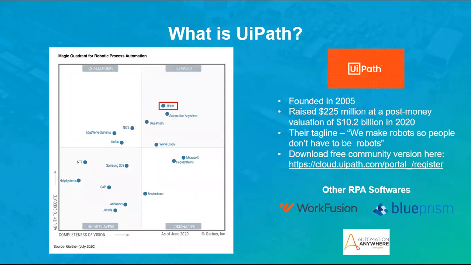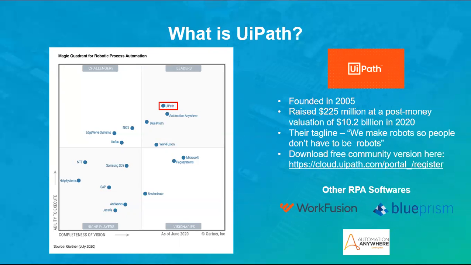And I think if you look into RPA, then you will also hear about UiPath. So UiPath is a company that was founded in 2005, and it's been doing very well. It just recently raised $225 million in 2020.